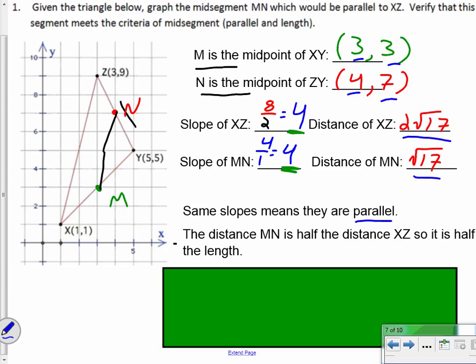This is half of this. So we proved that for all mid-segments, in this kind of case, they're going to be parallel, since the slopes have to be the same. And we found out that the length of the mid-segment is going to be half the length of the other side.